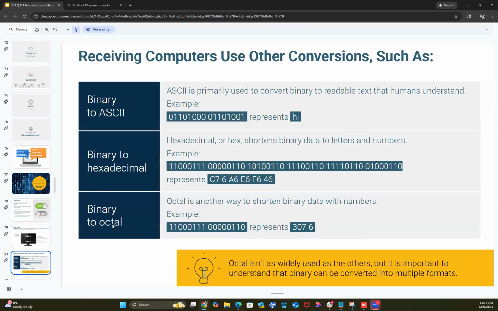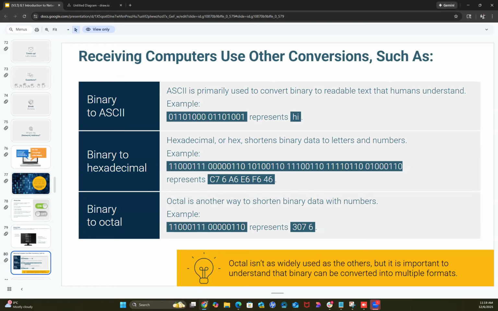Okay. So binary to ASCII. ASCII is primarily used to convert binary to readable text that humans understand. Example, hi. When we write down any text message, it is hi. So what does the computer understand?